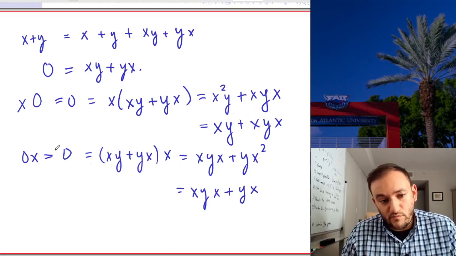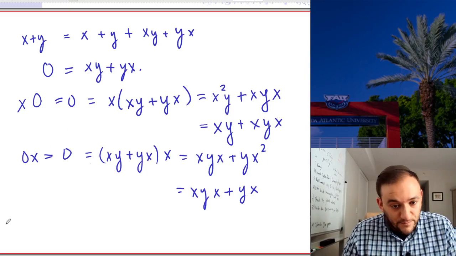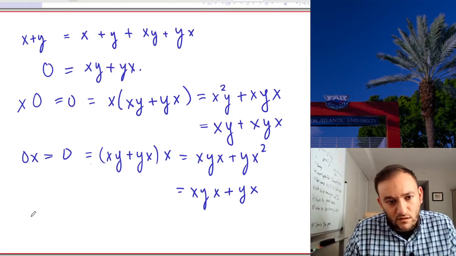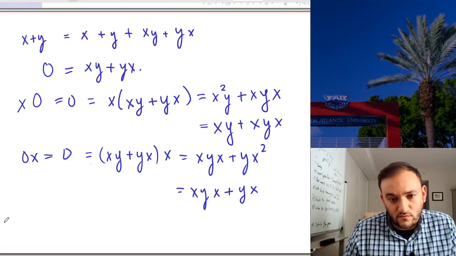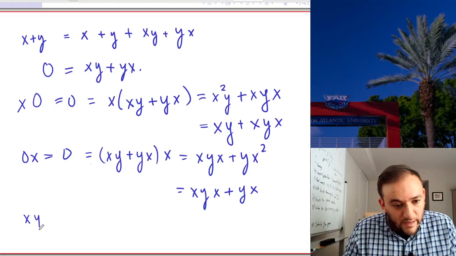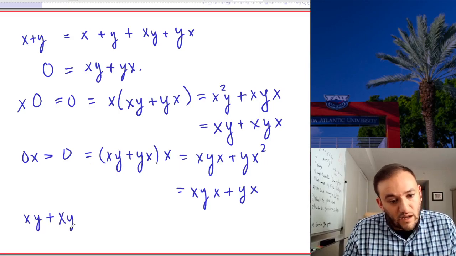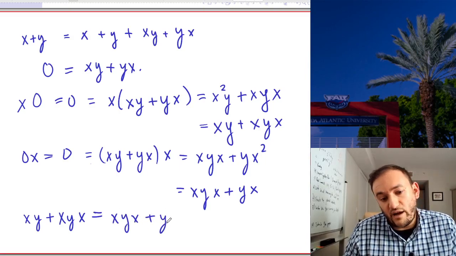Because both of these are equal to 0, we have that xy plus xyx equals xyx plus yx.